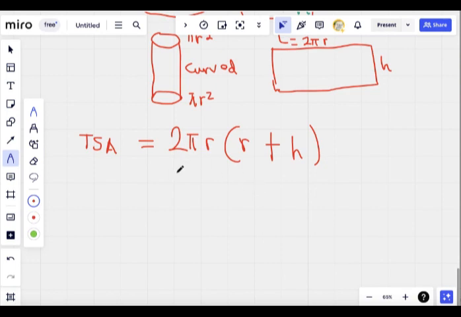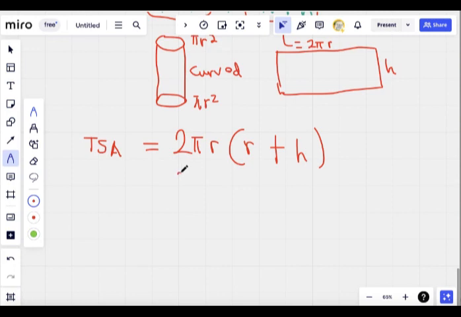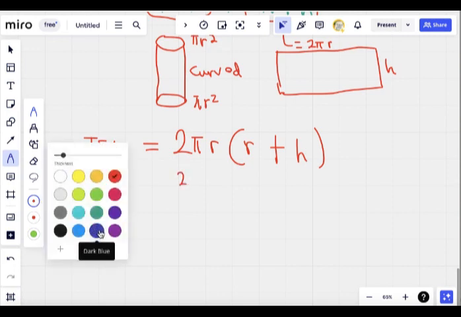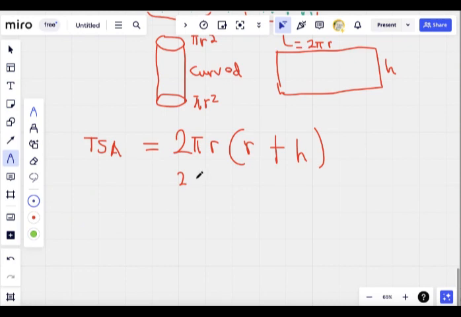Now, if we are asked to find the total surface area, we can just substitute the values into this formula, which means we can write 2 times 3.14, which is the value of pi, into the radius.